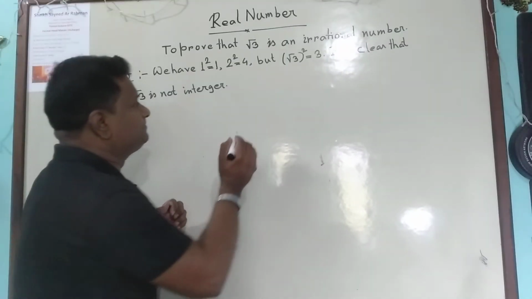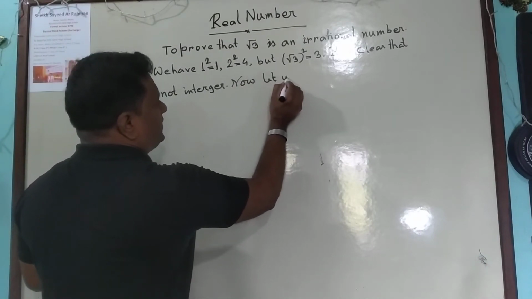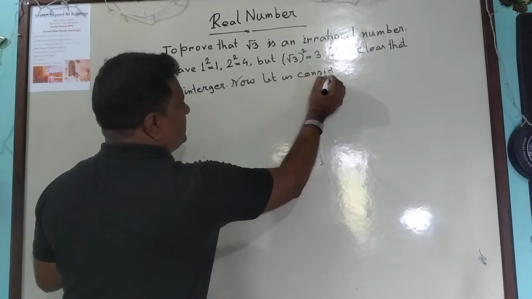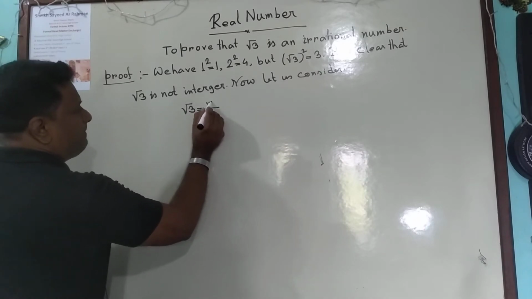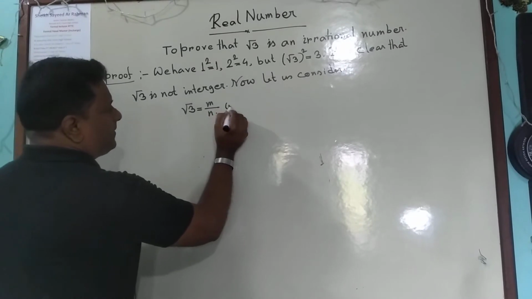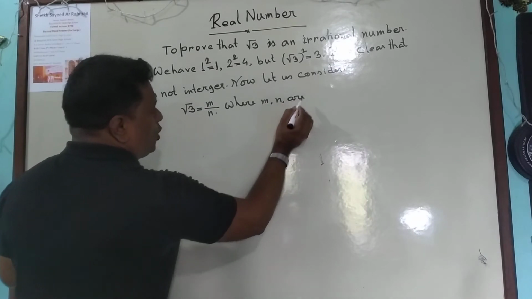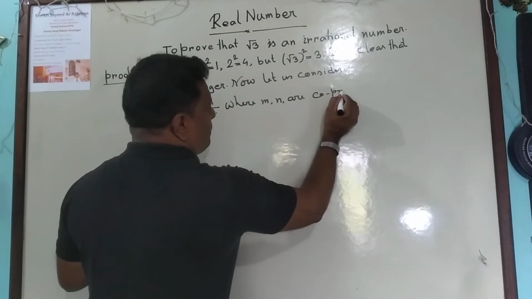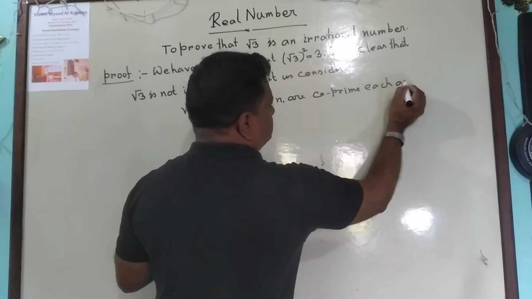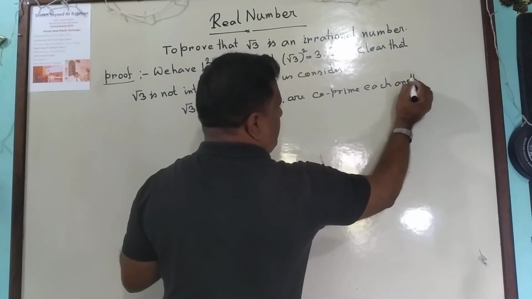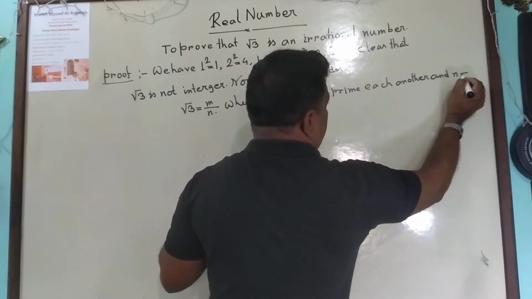Now let us consider root 3 equals m by n, where m and n are co-prime to each other and n is not equal to 0.